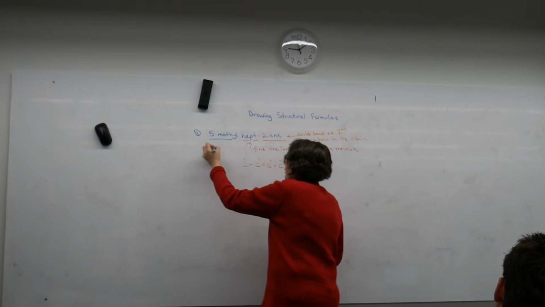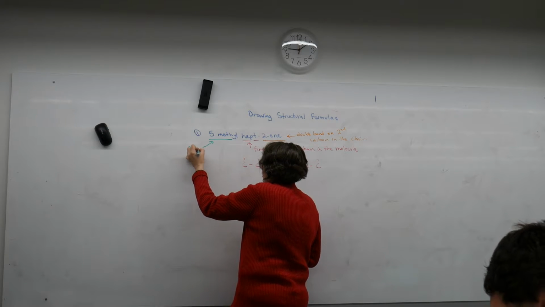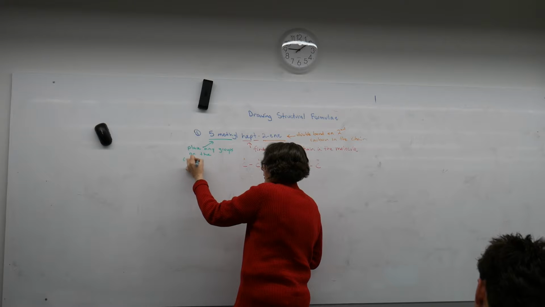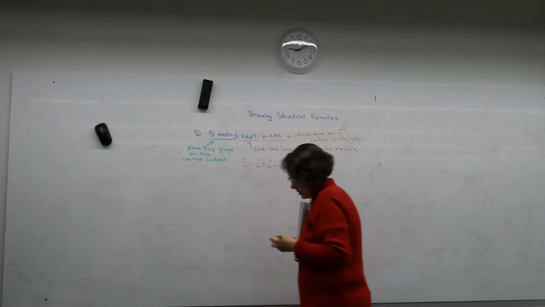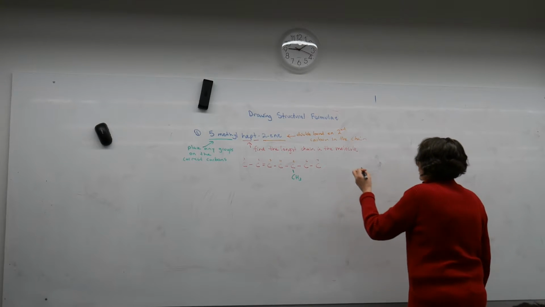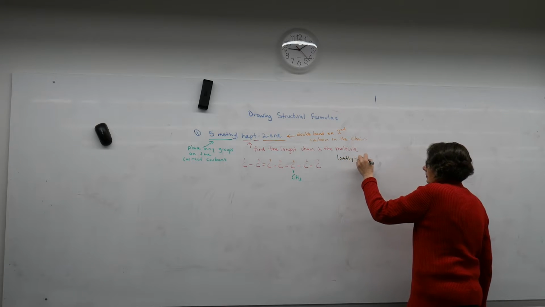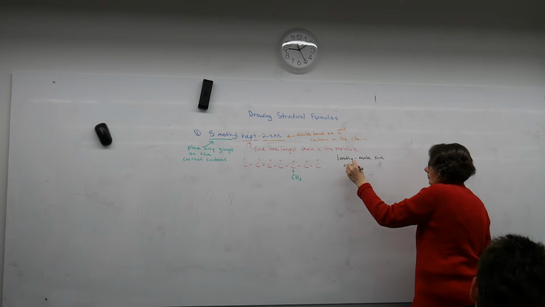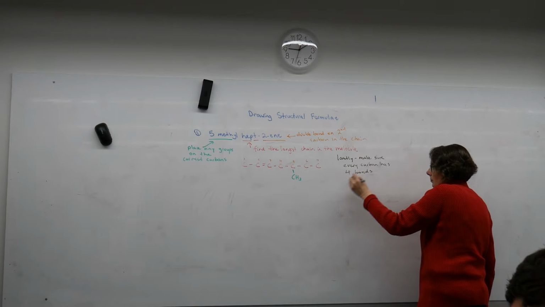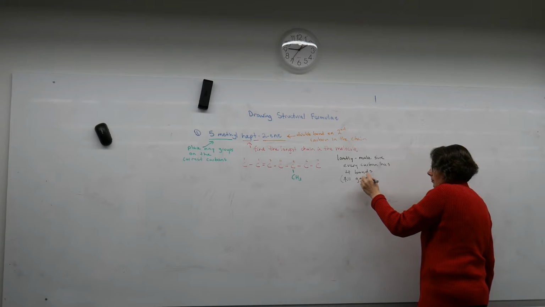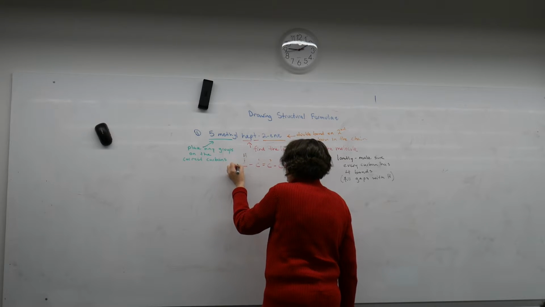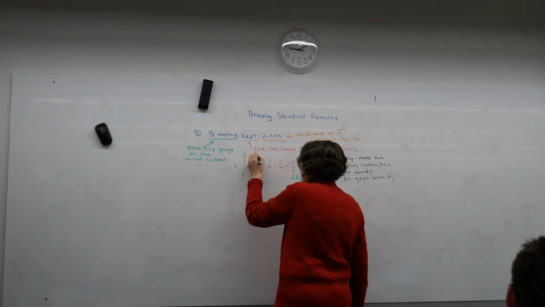The hydrogens. So that's our last step. Okay, so now I'm just going to come around and put hydrogens on so that every carbon has 4 bonds.